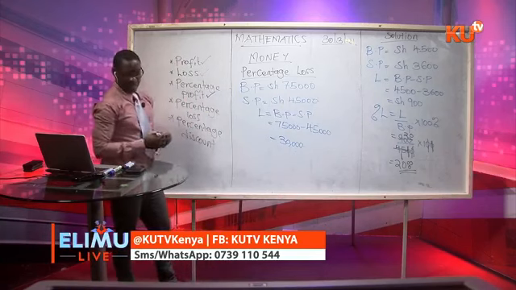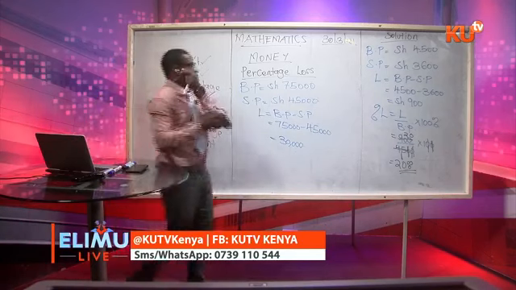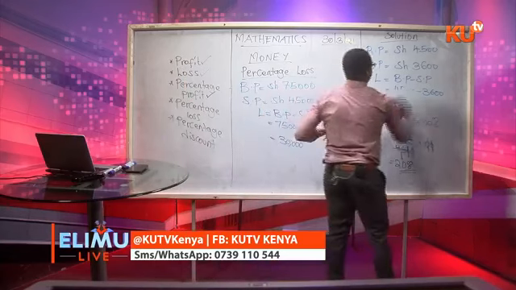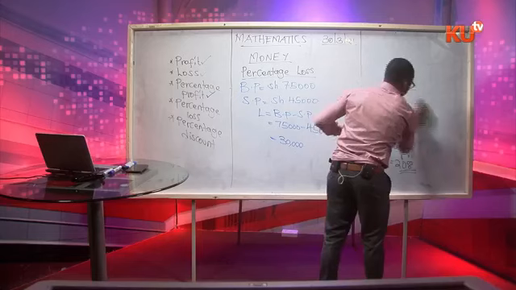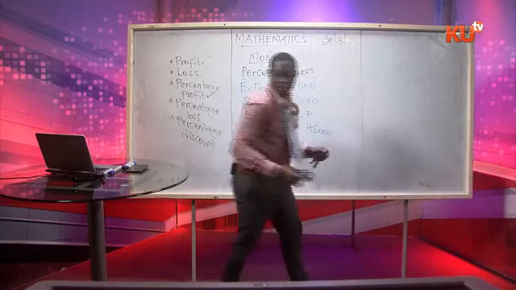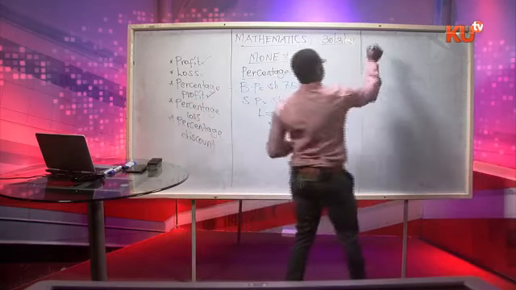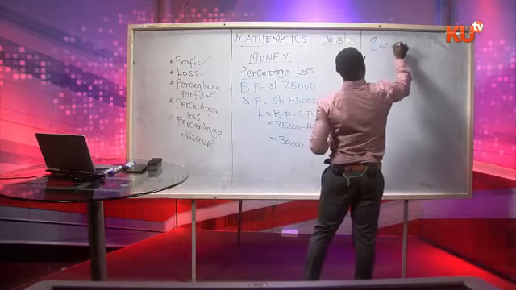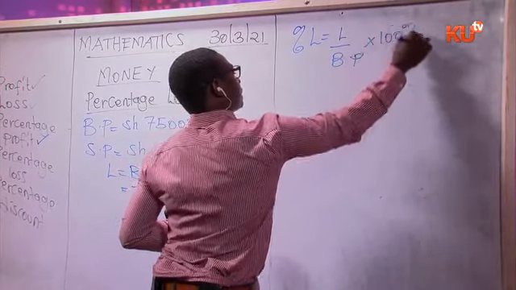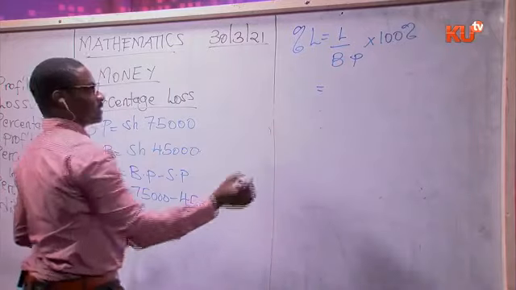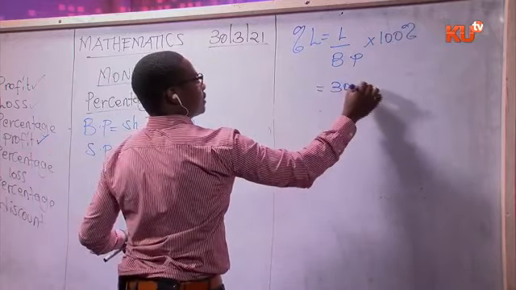So after finding the loss, we can now use the loss to find the percentage loss. So percentage loss, formula for percentage loss, you can shout it. So percentage loss is loss over buying price times 100%. So our loss is 30,000 shillings.